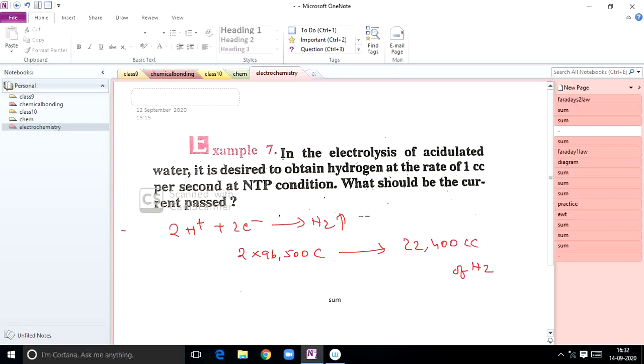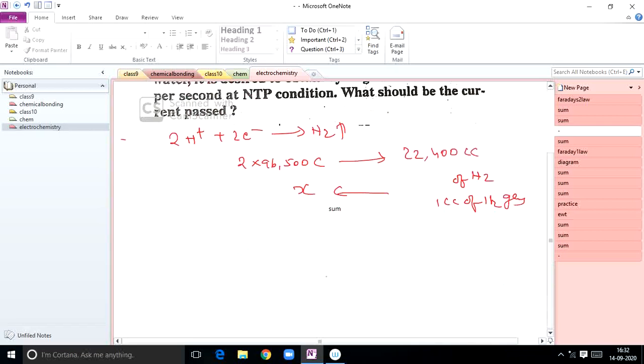Now for 1 cc of hydrogen gas, how many coulombs is required? X. So you calculate X is equal to 1 into 2 into 96,500 by 22,400, and finally if you solve this, you get 8.616 coulombs, right?